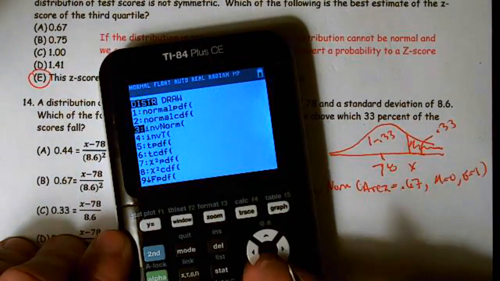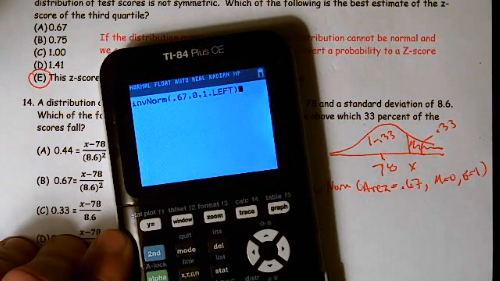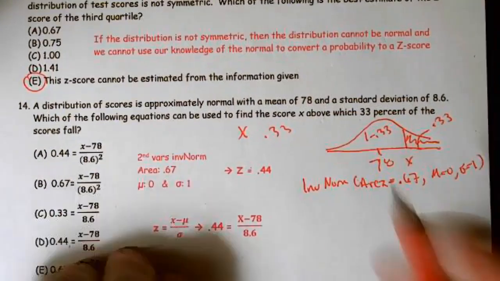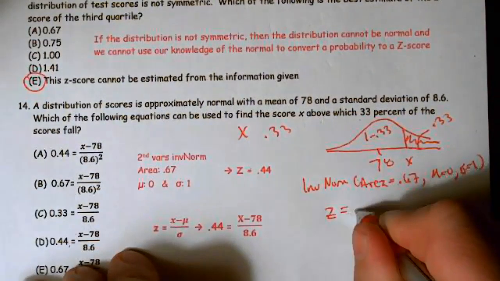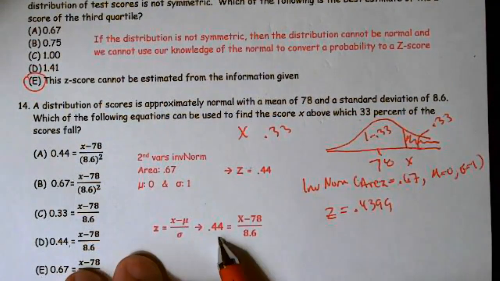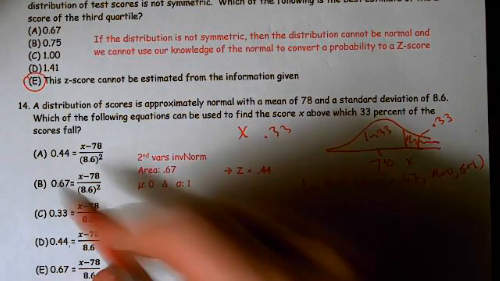Second vars, inverse norm, 0.67. We end up getting 0.4399 as my z-score. And once I plug in, it's 0.44 equals x minus 78 over 8.6.